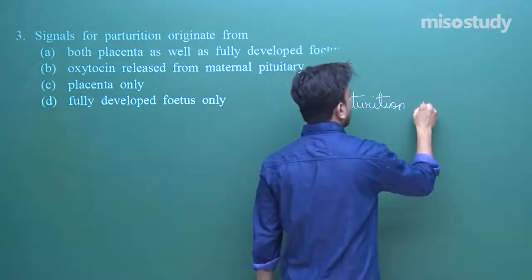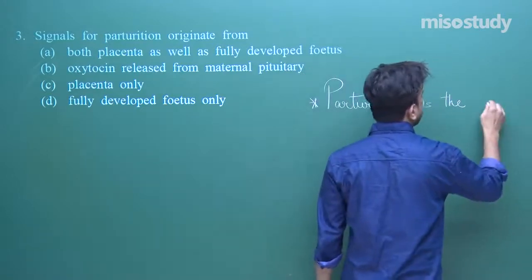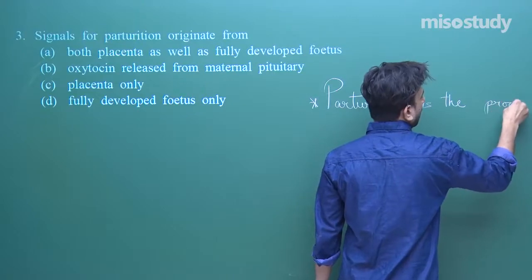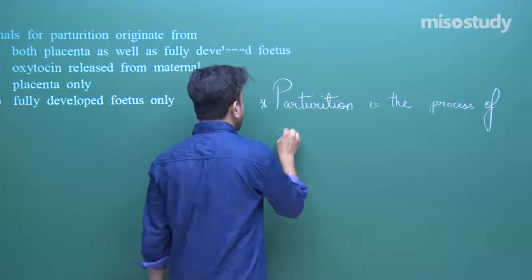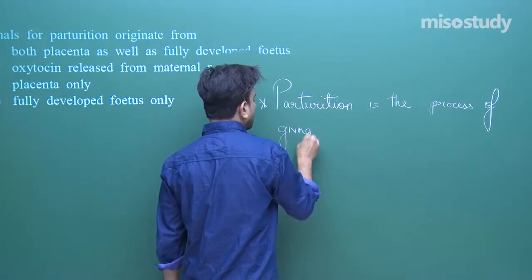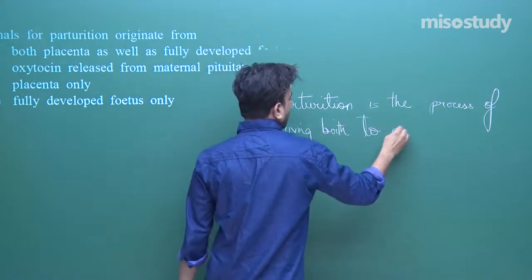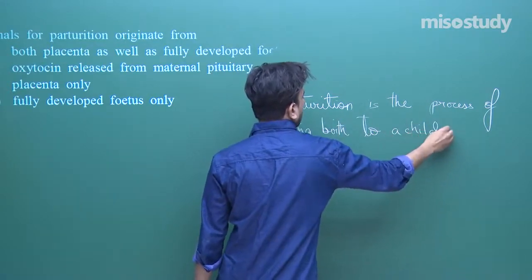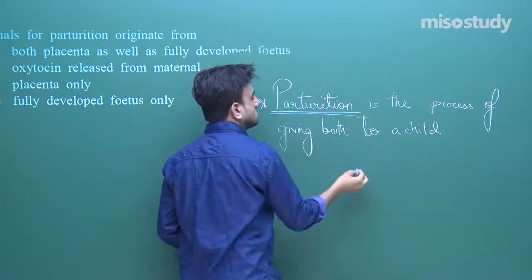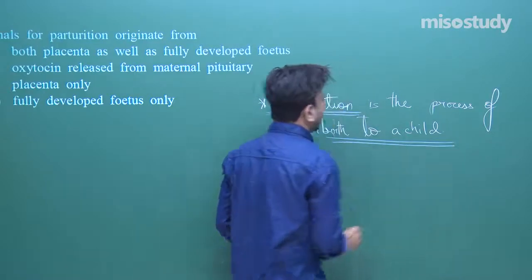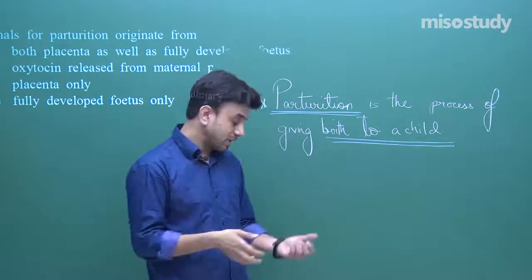So parturition is the process of giving birth to a baby, of giving birth to a child. Right, and this happens under the influence of the fetal ejection reflex.